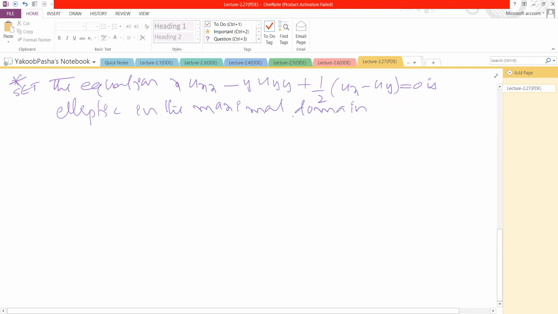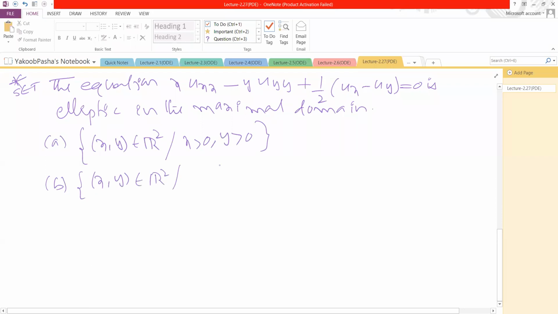Now I am taking the options here. Option A is set of ordered pairs (x, y) belongs to R2 such that x greater than 0, y greater than 0. And option B, set of (x, y) belongs to R2 such that x less than 0, y greater than 0.